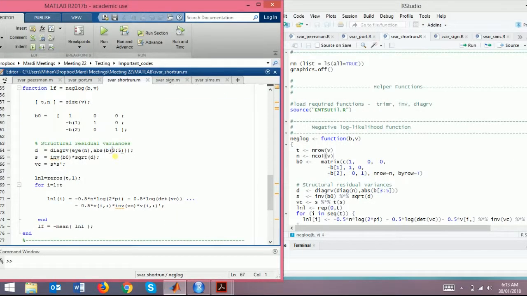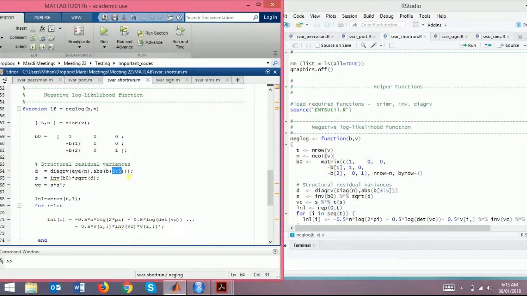So these two elements are being estimated in beta naught. Then we want d11, d22 and d33. Those three are the third to the fifth elements. We take the absolute values of the third to the fifth element.